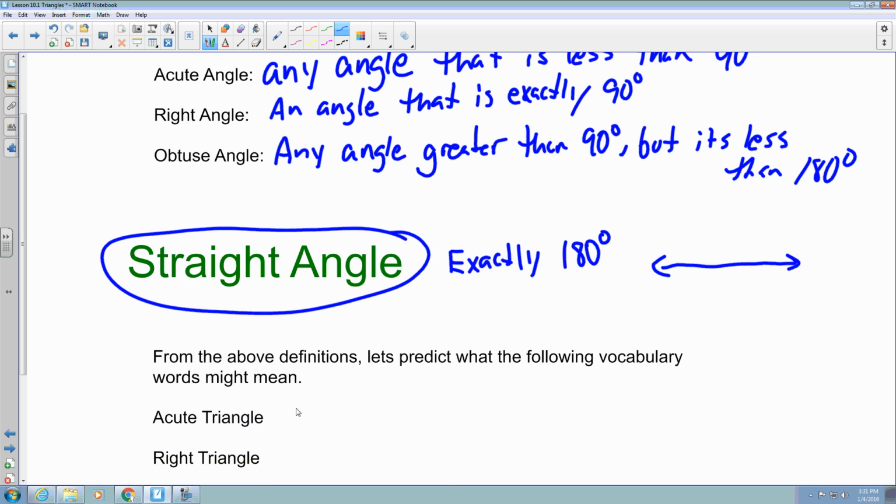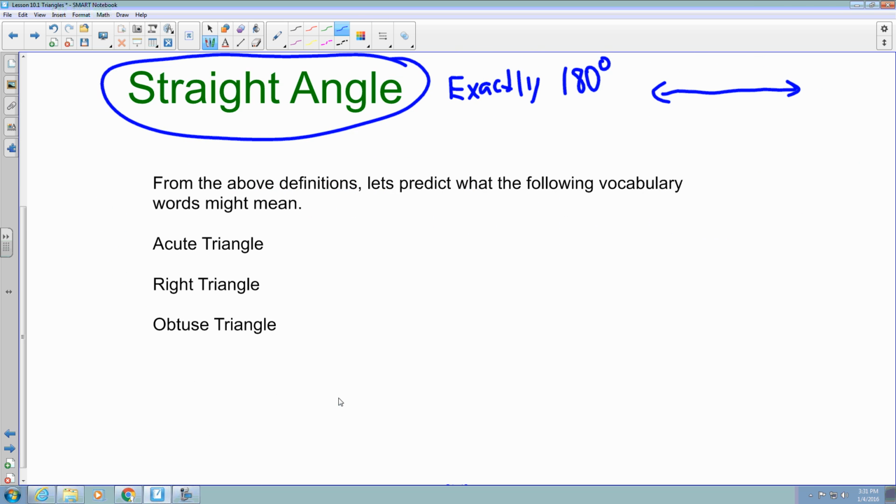From the definitions above, we're going to try to predict what the following vocabulary words might mean. We have acute triangles, right triangles, and obtuse triangles. From acute angles, we said acute angles were any angle less than 90 degrees.